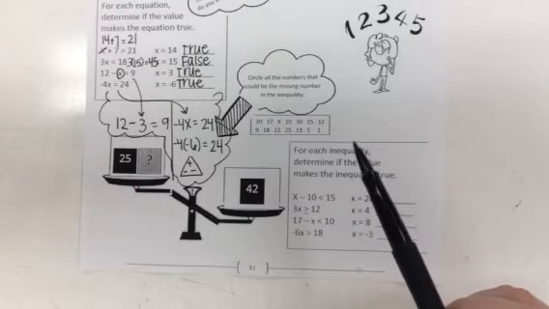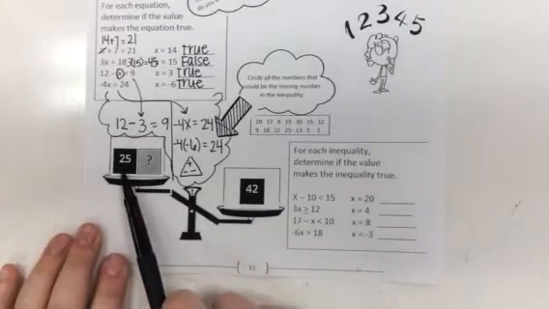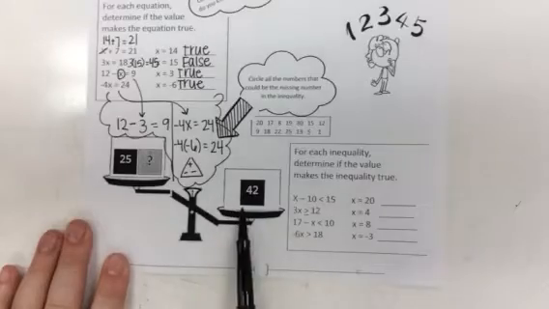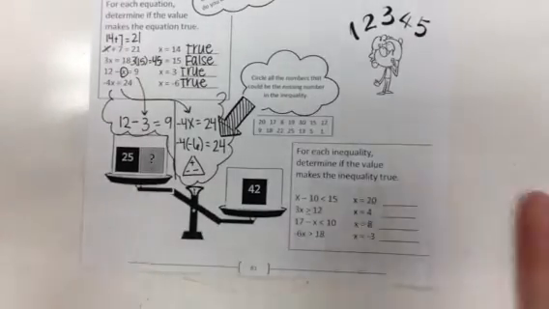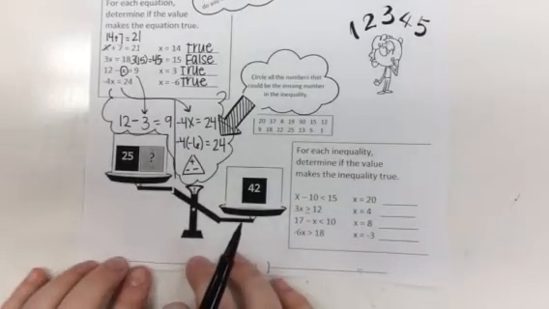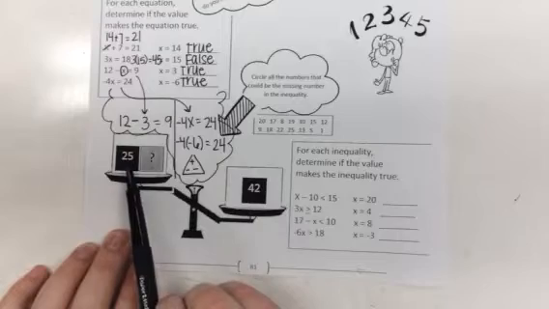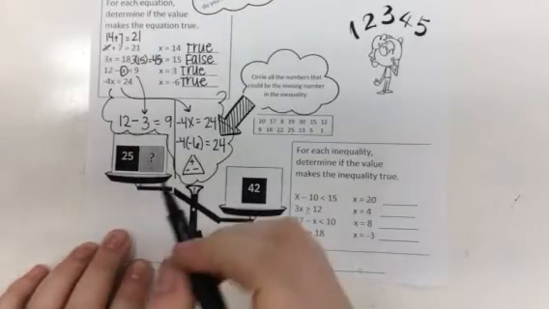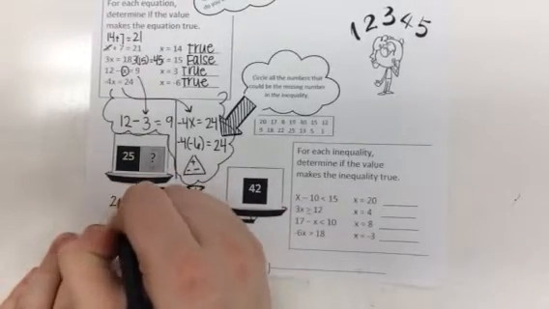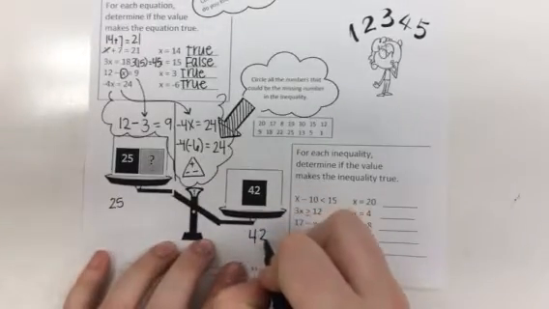We have 25 on the left side and 42. So those are not balanced. One side is greater than the other side. In order for them to be balanced, we need to see what numbers we need to make the left side equal to the right side. So right now I have 25, and on the right side I've got 42.